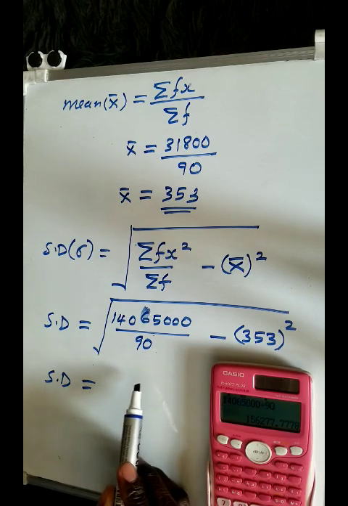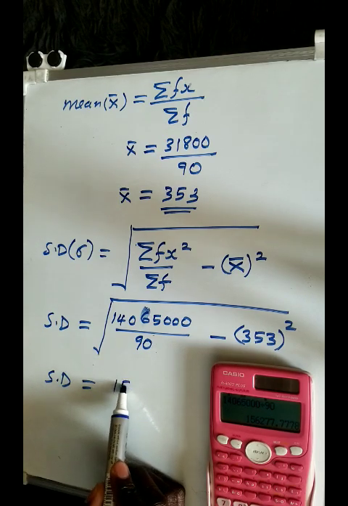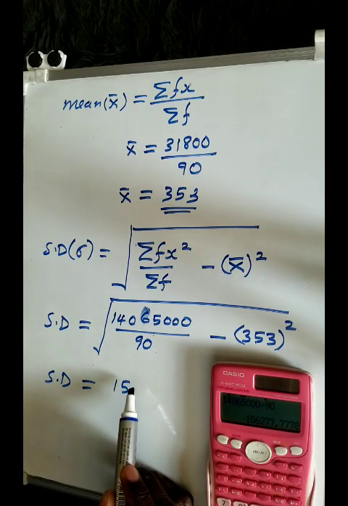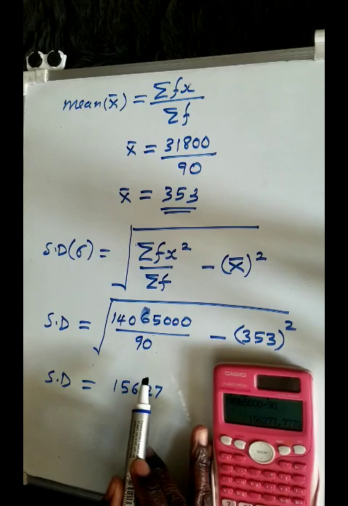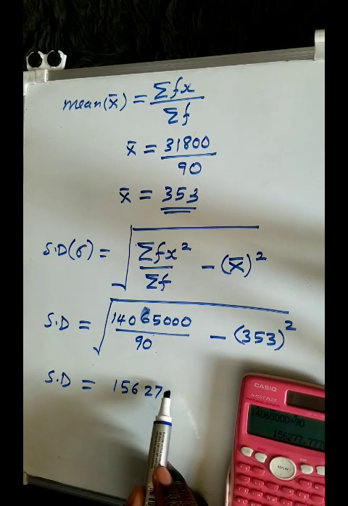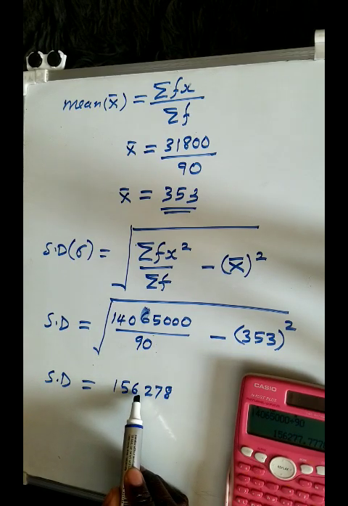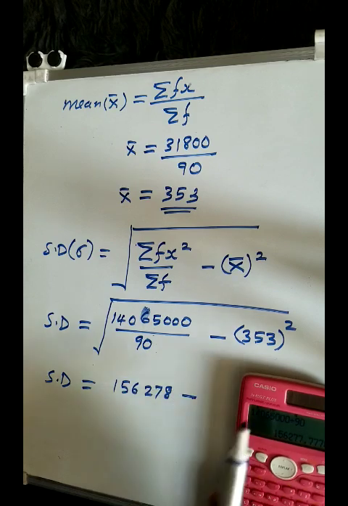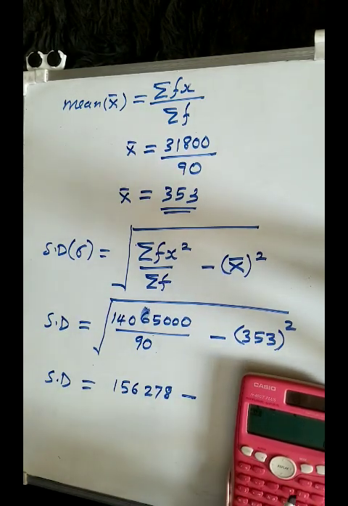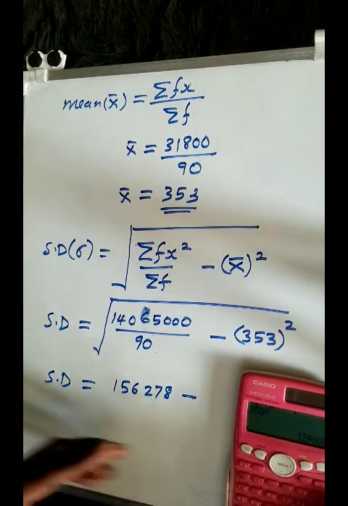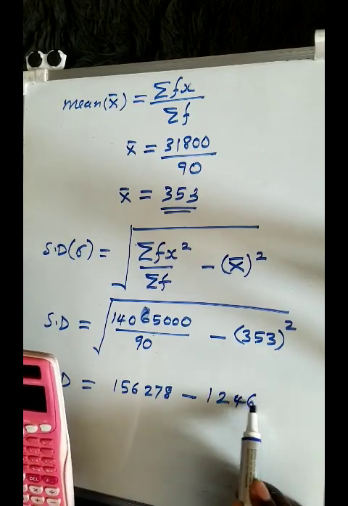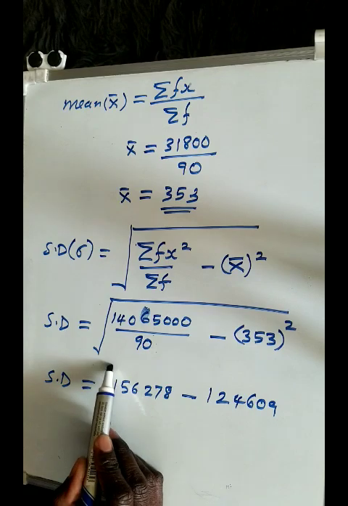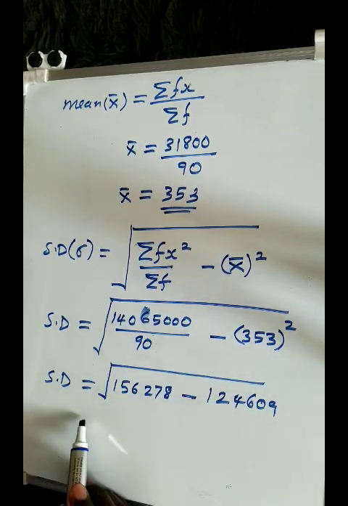The value that I'm getting, I'll round it off to a whole number, is 156,278. Minus, so we can raise 353 to the power 2. I'm simply getting 124,609. Then whatever we have, remember, we need to find the square root.